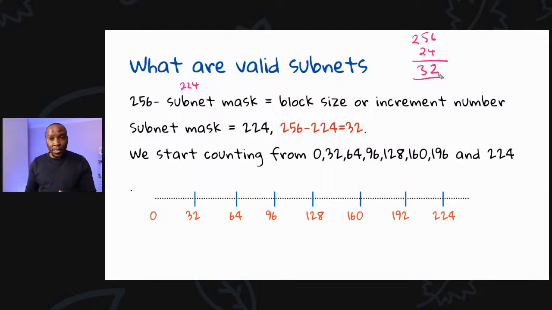So our networks are increasing in 32s, meaning the first network is a 0, the second network will be a 32, the third network will be a 64, the fourth one will be 96, the fifth one will be 128, 160, 192, 224. So our networks are increasing in 32s. So that's the first part.